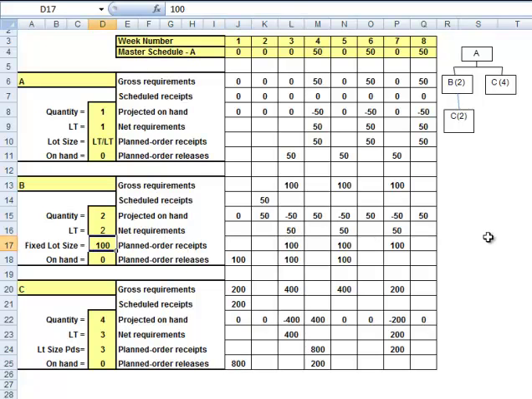What that did is that required us to produce twice as much, in this example, of what we actually needed. The cascading effect of lot sizing is like going to the top of a snow-packed mountain and starting a snowball and rolling it down the mountain. And what's going to happen to that snowball? It's going to get bigger as it goes down the mountain.